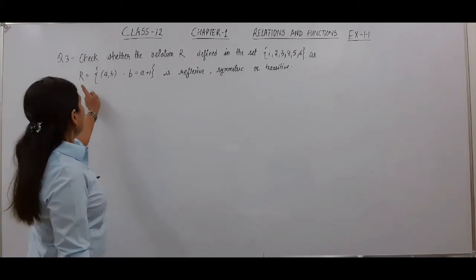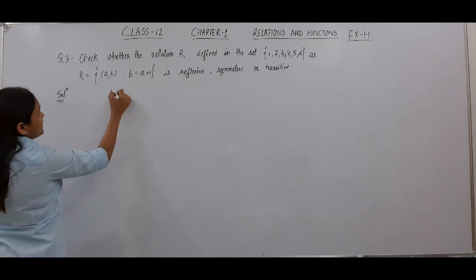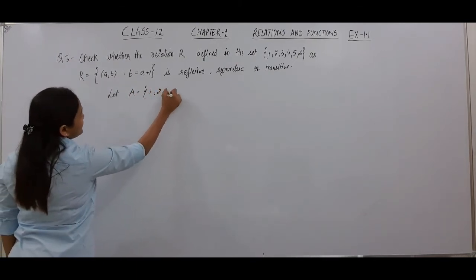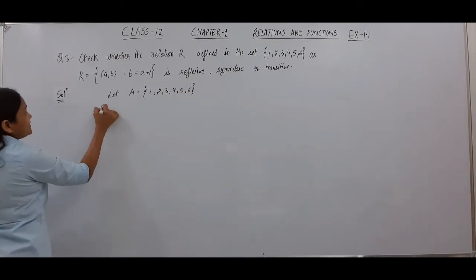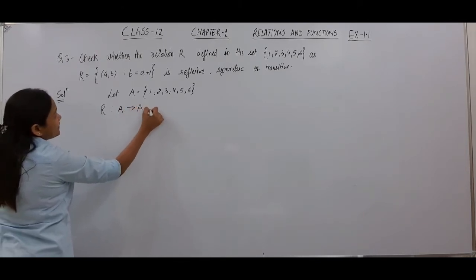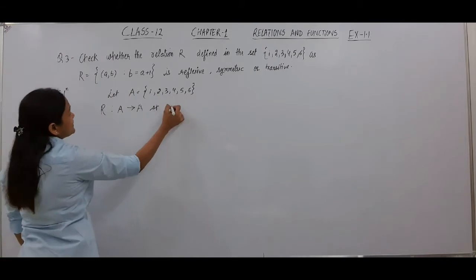So R is a relation defined on this set. Let A be this set 1, 2, 3, 4, 5 and 6. And R is a relation from A to A such that your R is defined as this.